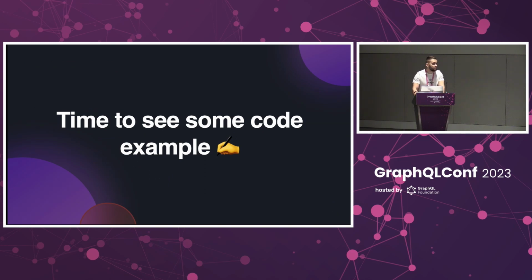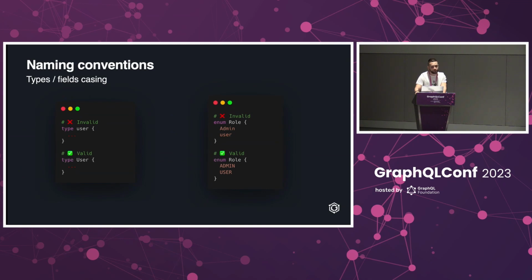So now it's time to see some code examples with invalid and valid cases. We can start with naming convention. In GraphQL, it's common to name our types with Pascal case, where the first letter is capitalized. With GraphQL ESLint, it's easy to achieve.